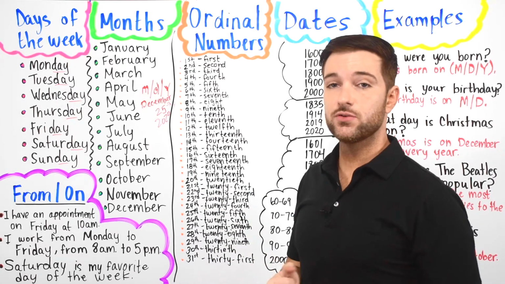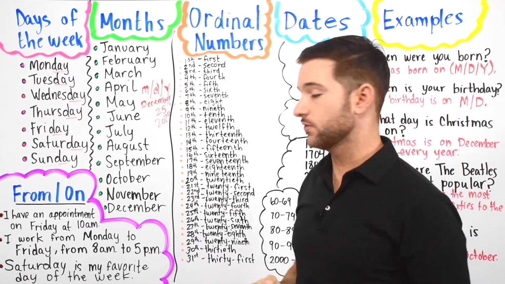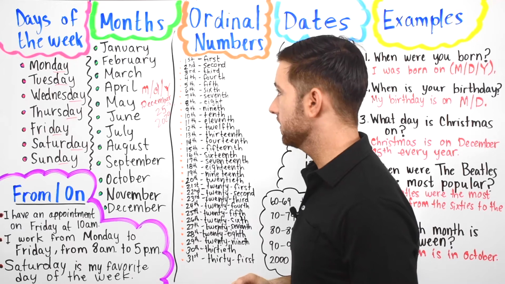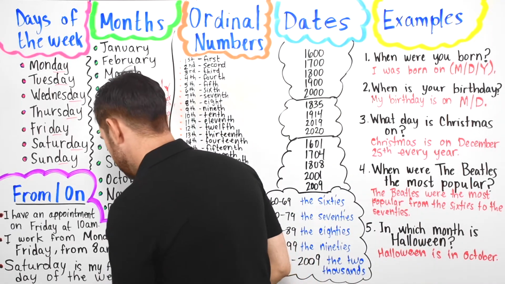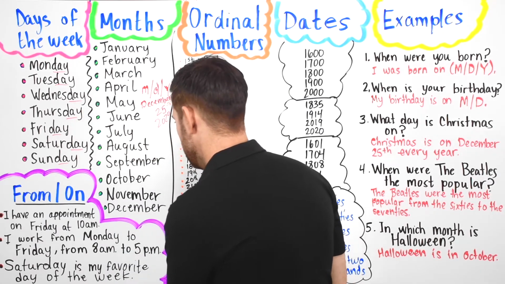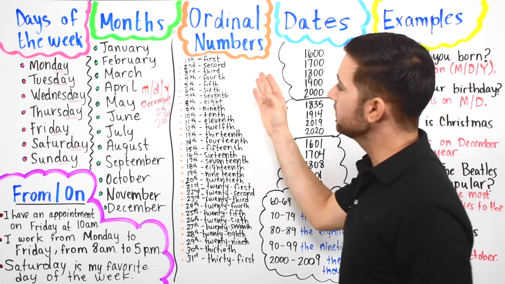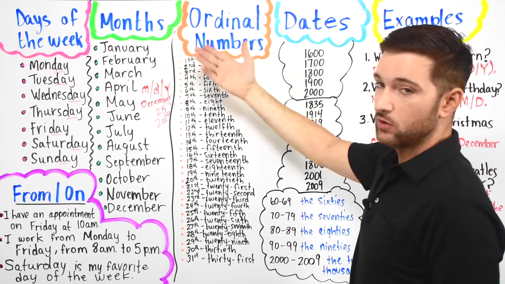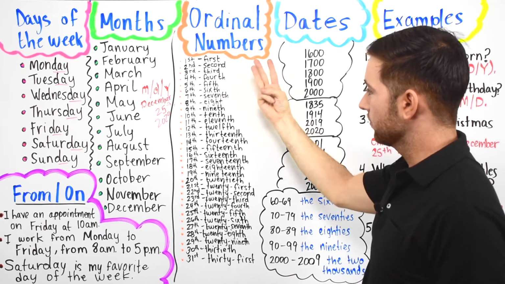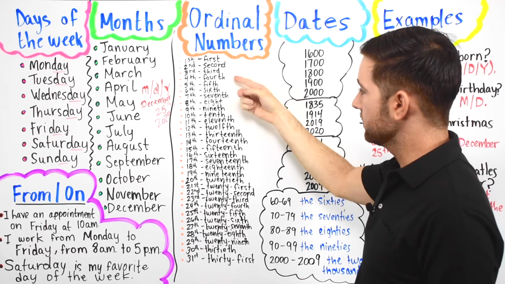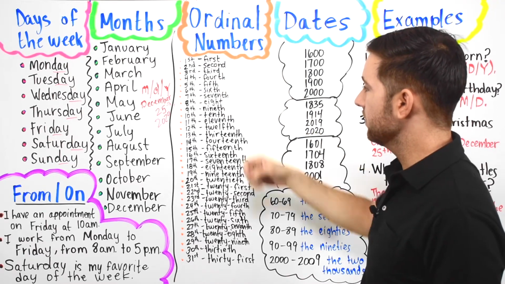So we use ordinal numbers in the United States for telling time and using it with months and days of the week. Specifically, we use it with days of the week. So the ordinal numbers are, remember, with 1, you say first. With 2, you say second. With 3, you say third. With 4, you say fourth. With 5, you say fifth.